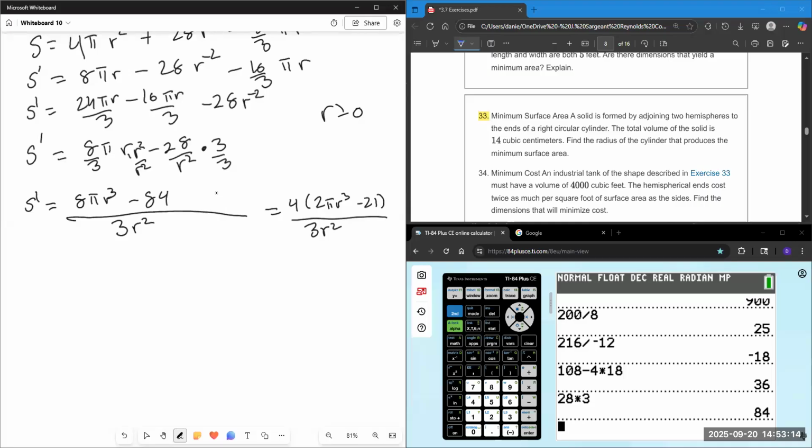So 2 pi r cubed minus 21 needs to be 0. 2 pi r cubed equals 21. R cubed equals 21 over 2 pi, and r is the cube root of 21 over 2 pi.